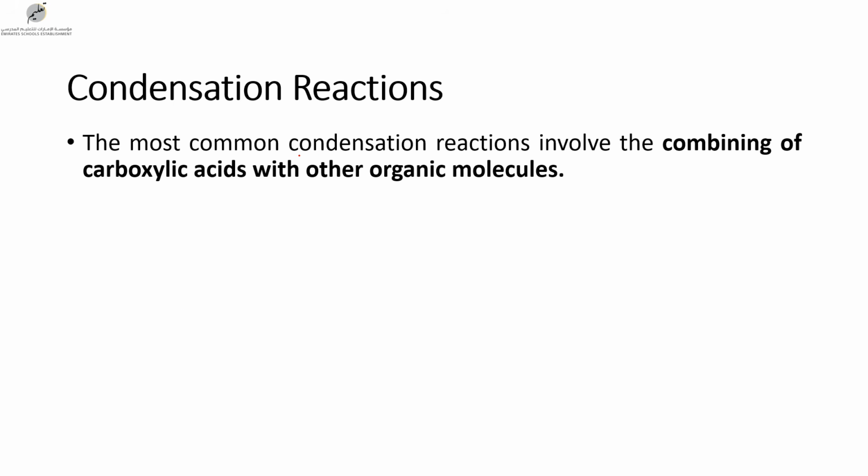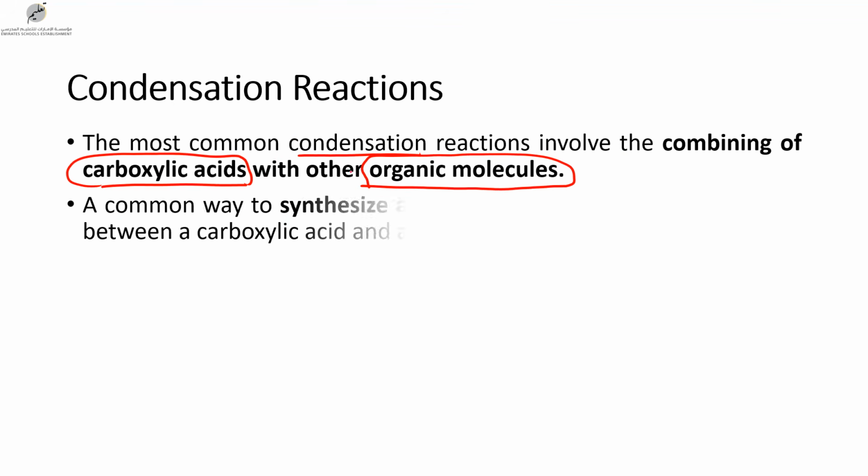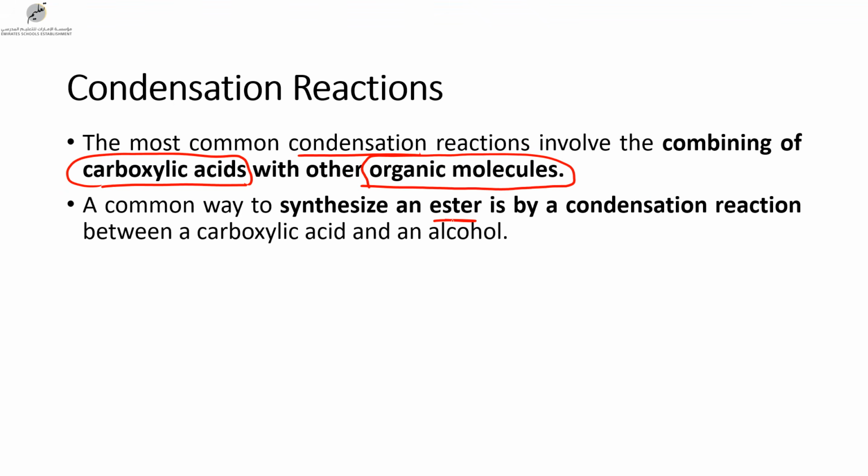The most common condensation reaction involves the combining of a carboxylic acid with other organic molecules, okay? So carboxylic acids undergo condensation reactions. To get an ester, if you go back in the video and see how an ester was formed, you will remember that we talked about a reaction between a carboxylic acid and an alcohol.